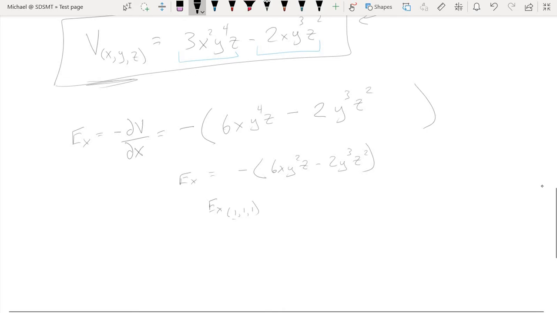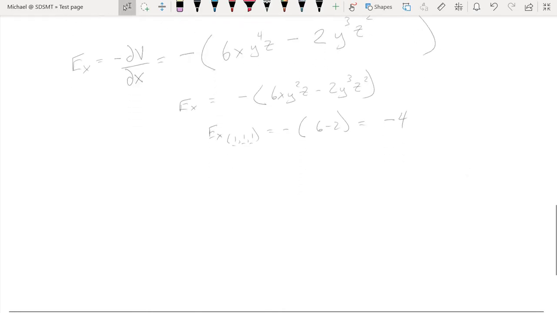So now we plug in 1 for X, 1 for Y, 1 for Z, and we would get 6 minus 2 with a minus sign out front. So that would be -4. But I wouldn't worry too much about evaluating just yet. The important part for this discussion is making sure that we're understanding the partial derivative process.